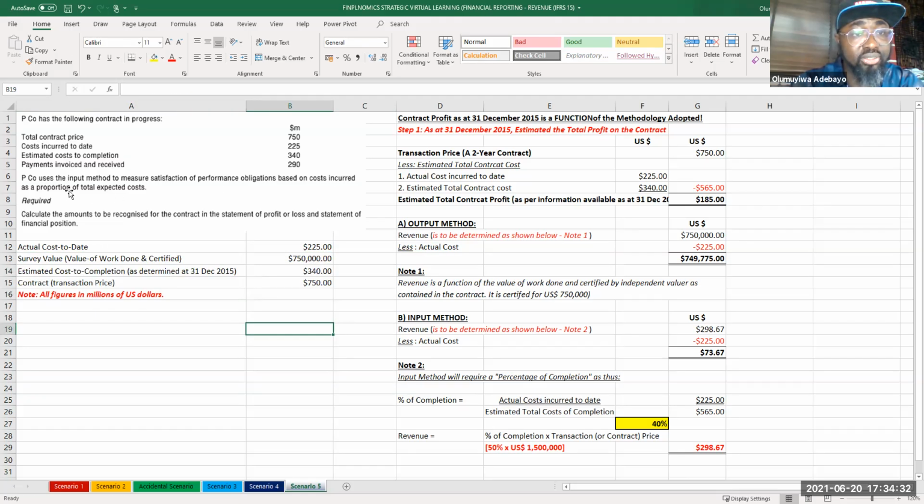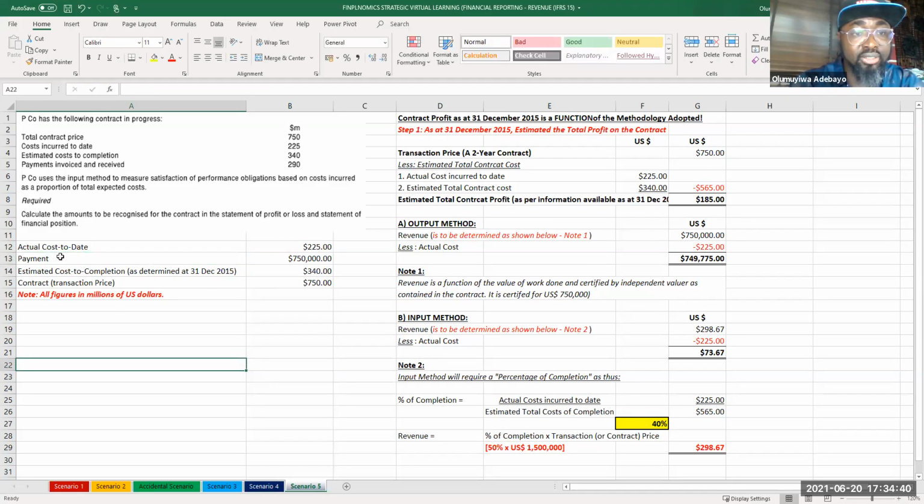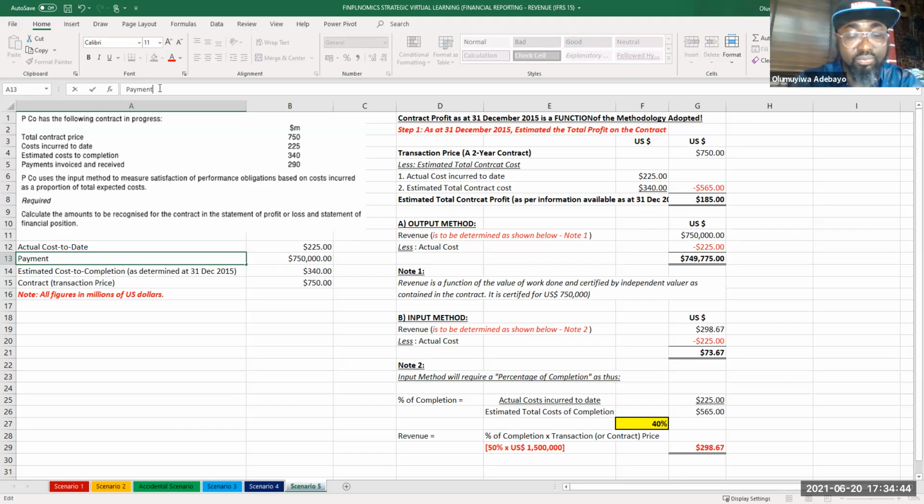Estimated cost to completion, yeah. Payment invoice. Let me change this one to payment. Okay, that's payment. Payment invoice and received.